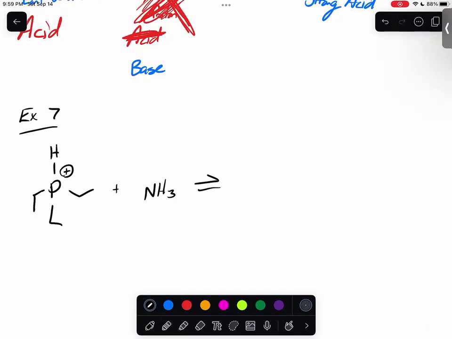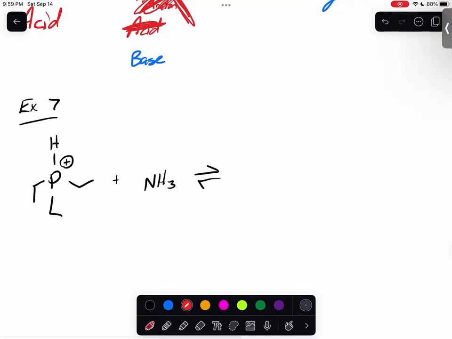Here we go. For this one, normally, whenever we're looking at reactions, we like to talk a lot about having things that are negatively charged be bases, but remember that we can use the opposite to say that things with positive charges are usually acids. At the same time, we have this NH3 here, which must be our base, and it does indeed have a lone pair to do so.